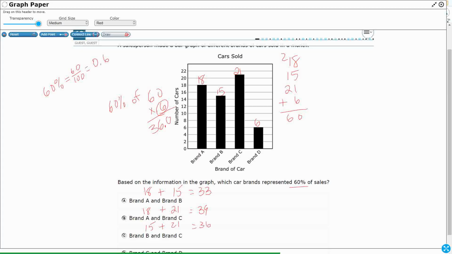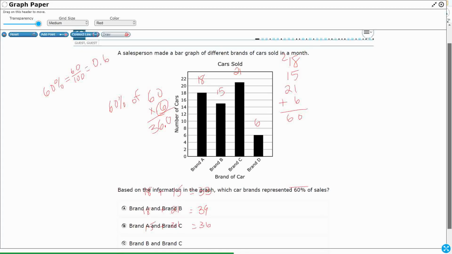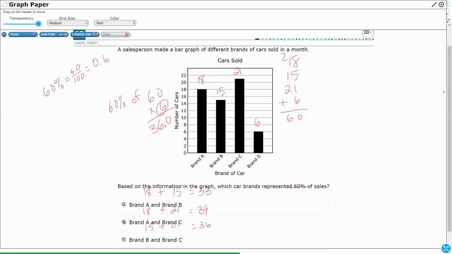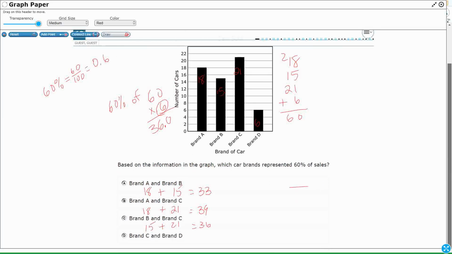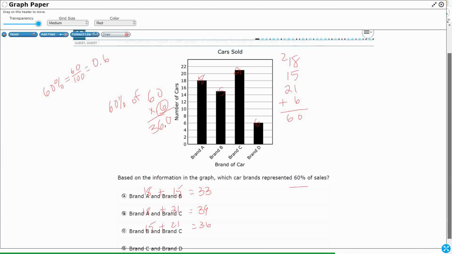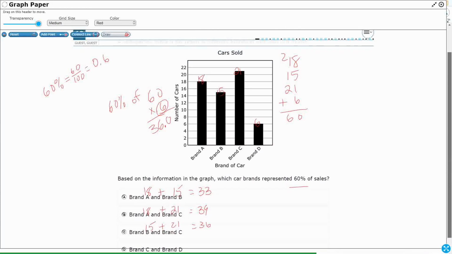That's the 36 we're looking for. And let's see, what is our bottom two there? Okay, we've got our C and D. And let's see, C is 21 and 6, so just not quite enough. 21 plus 6, that equals 27. So we're looking for our 36. Our answer here is C.